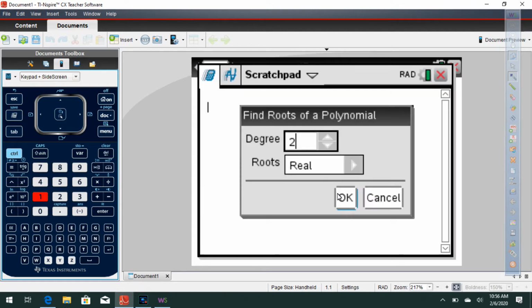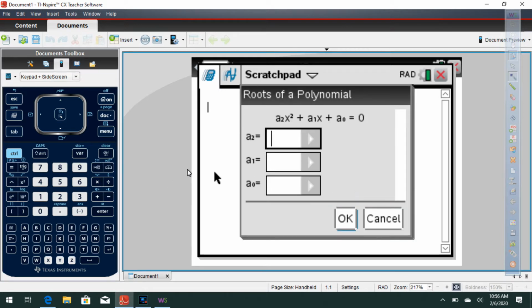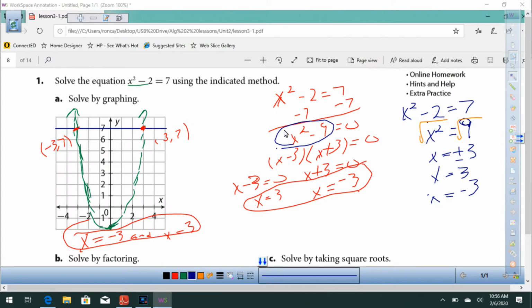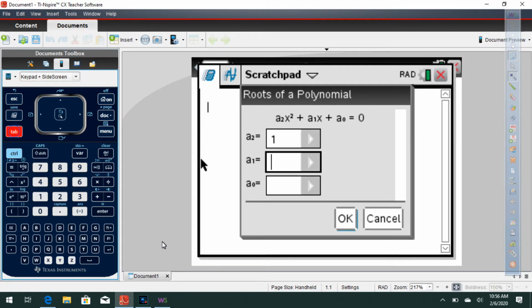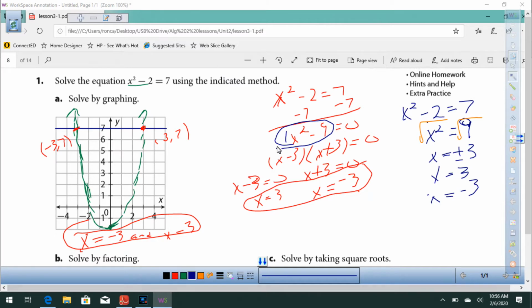The degree is 2, real roots, and then let's see here. Notice this is like a 1. So we got 1 here. And we don't have a middle term, no middle term. That's like 1x squared plus 0x minus 9 equals 0.